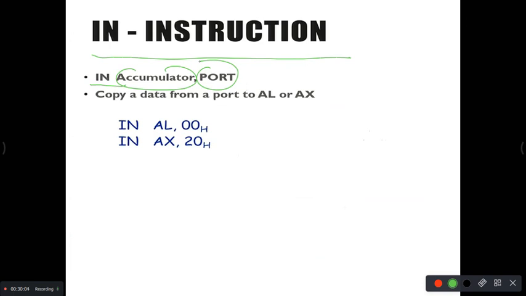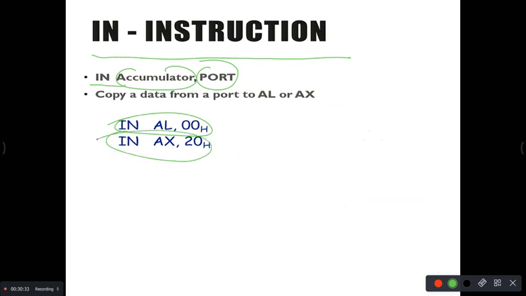It can be either AL or AX. Can you tell me when we use AL and when we use AX? Whenever you are reading 8-bit data, you use AL. Whenever you are reading 16-bit data, you use the AX register.